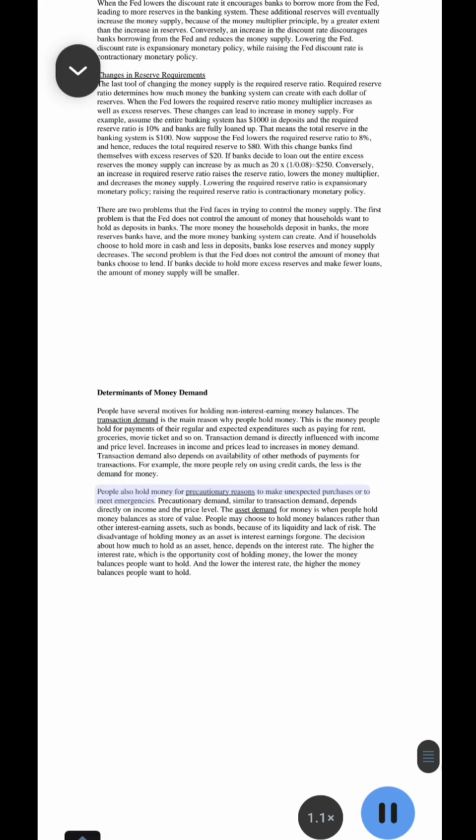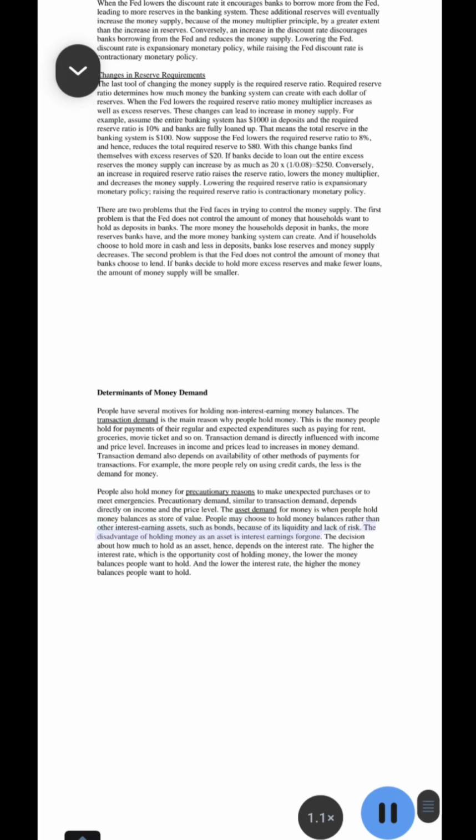People also hold money for precautionary reasons, to make unexpected purchases or to meet emergencies. Precautionary demand, similar to transaction demand, depends directly on income and the price level. The asset demand for money is when people hold money balances as a store of value. People may choose to hold money balances rather than other interest-earning assets, such as bonds, because of its liquidity and lack of risk.